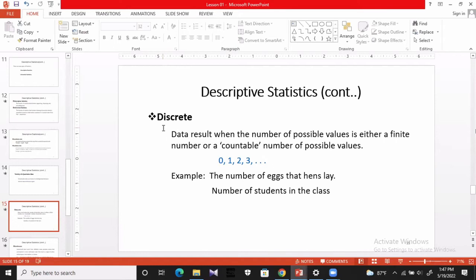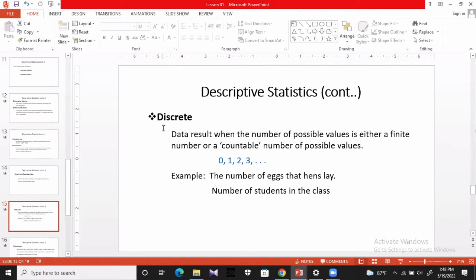Discrete data is a type of data that results when the number of possible values is either a finite number or countable, which means discrete data can be counted. It's always finite, like 0, 1, 2, 3. If I ask you how many siblings you have, the answer is 0, 1, 2, 3, 4.